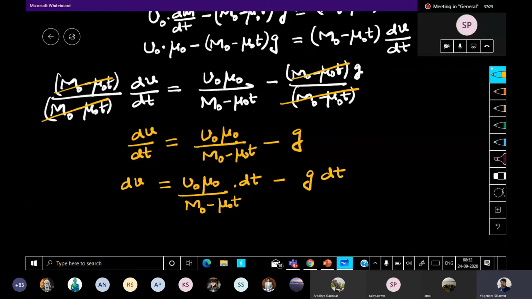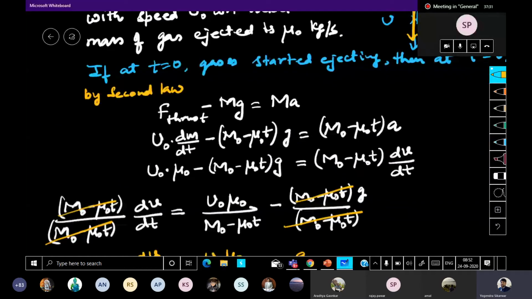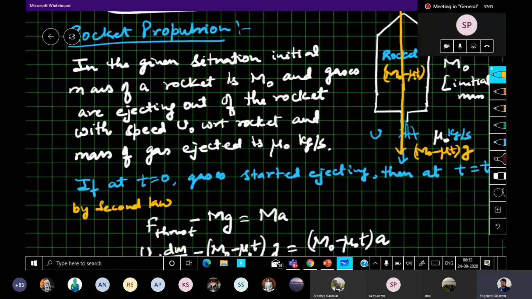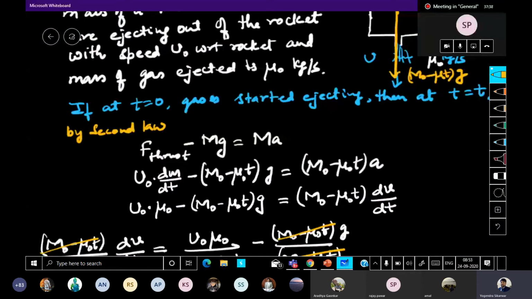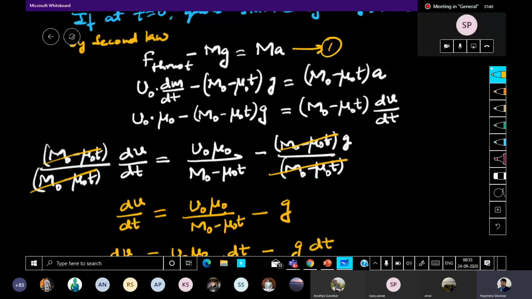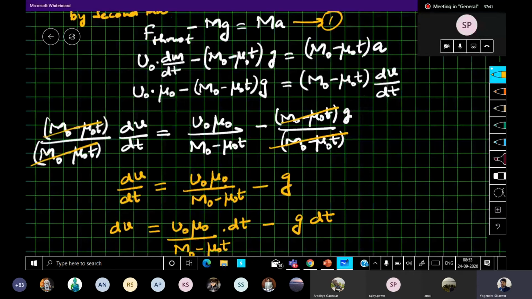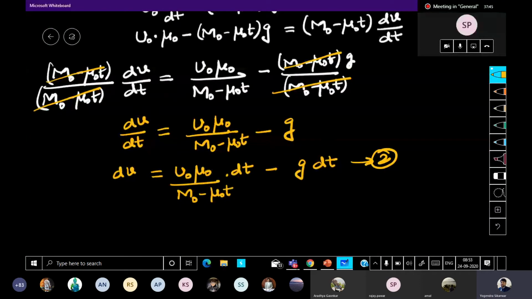Now we can call this equation 1, and this equation 2. Equation 2 is a differential equation.